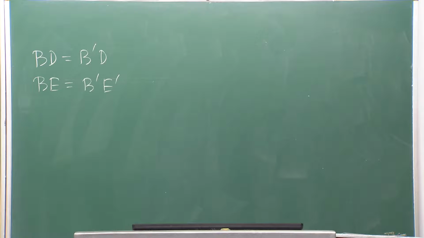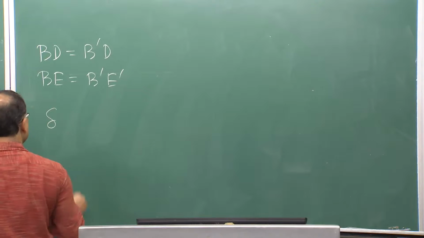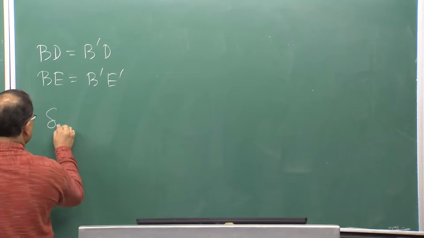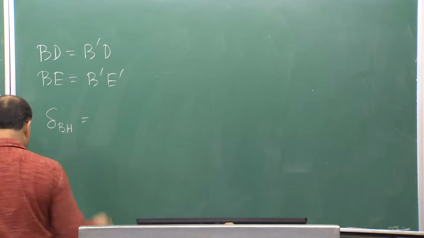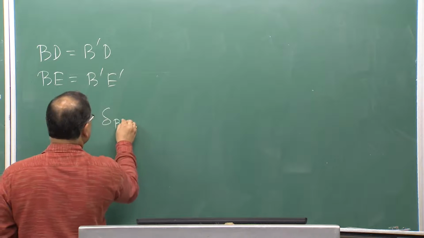From that we can establish this geometric compatibility: delta BH must be equal to delta BV.